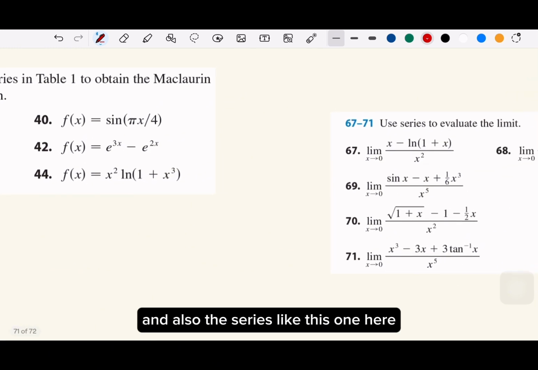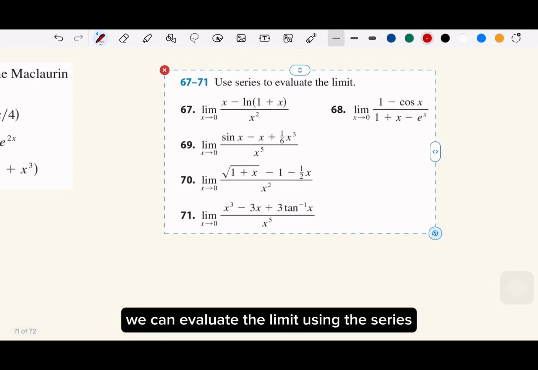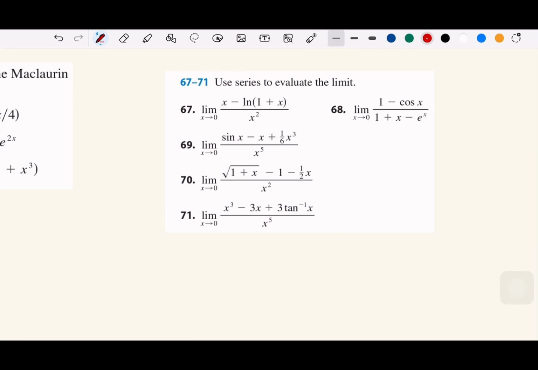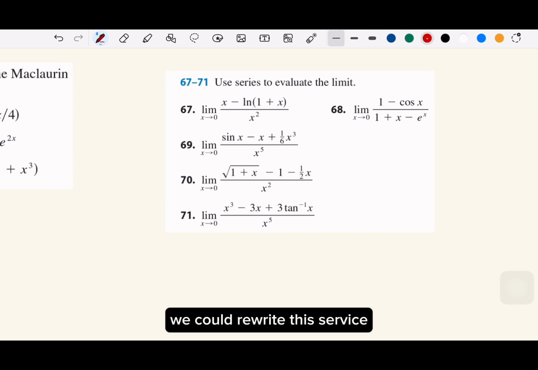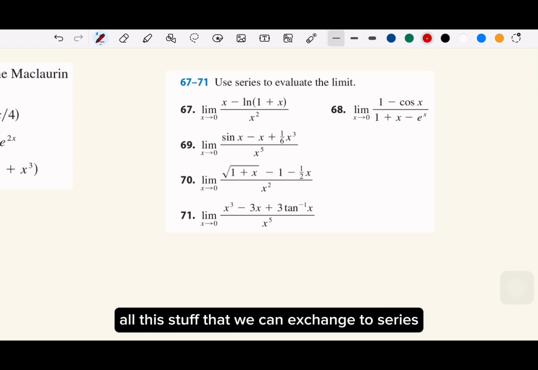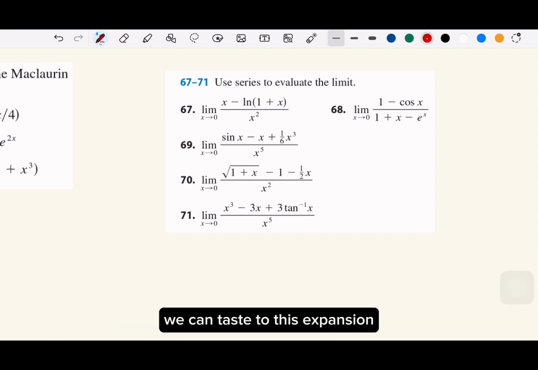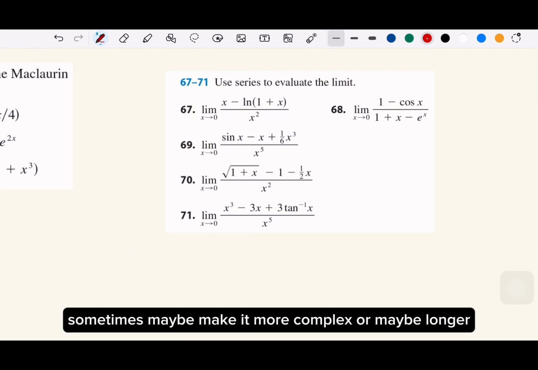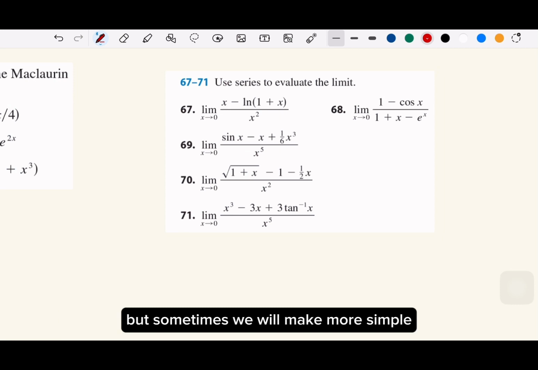Also, we can evaluate the limit using the series. Usually we take the limit, and sometimes we use L'Hopital's rule, or sometimes we just make some modifications in algebra. We can do that as well, but the interesting thing about the series is that we can rewrite these terms. All these terms we can exchange to series, we can change to this expansion. So that's one way to solve the limit. Sometimes it may make it more complex or longer, but sometimes it will make it simpler.